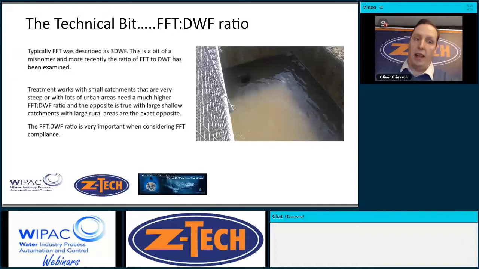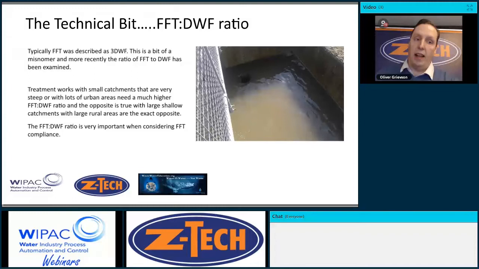The stuff going to the storm tank is of course storm flows, and it should be returned if the storm tank doesn't reach capacity, in which case it will overflow. It should be returned as soon as reasonably practical, and again there's a bit of a debate over what is reasonably practical, but that's not something I'm going to cover today.